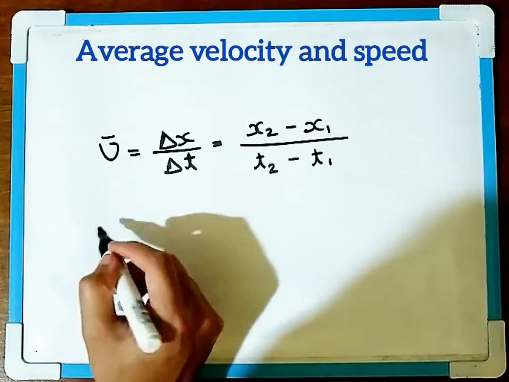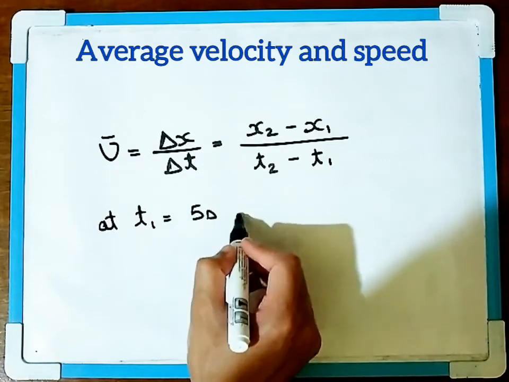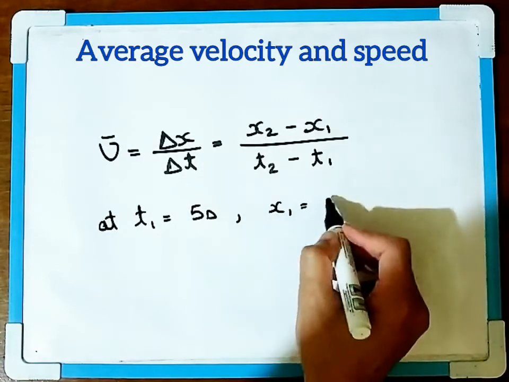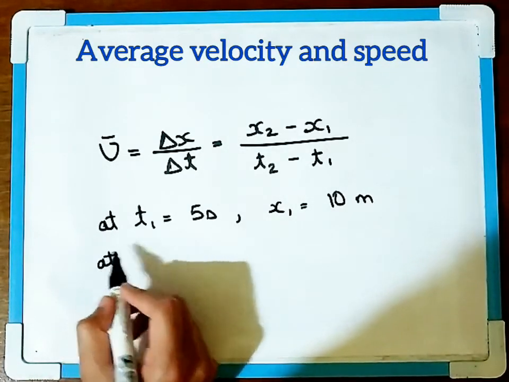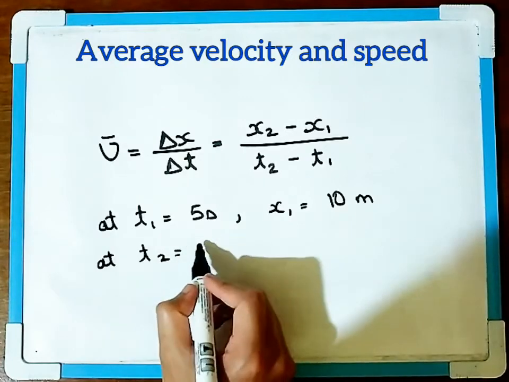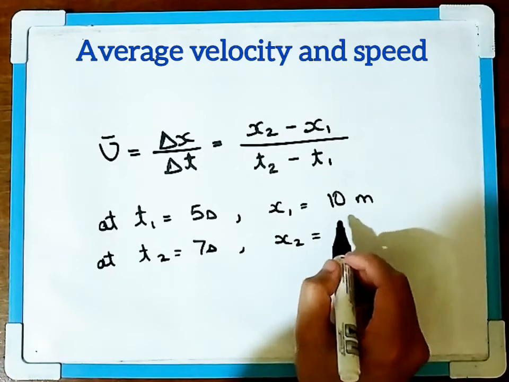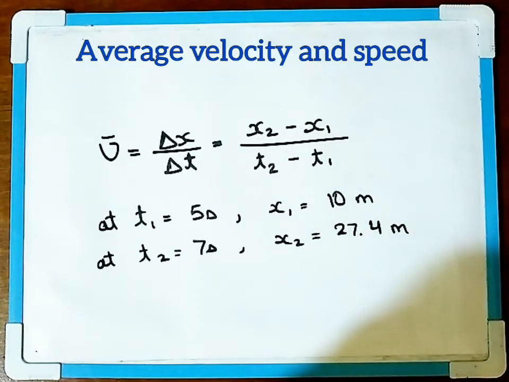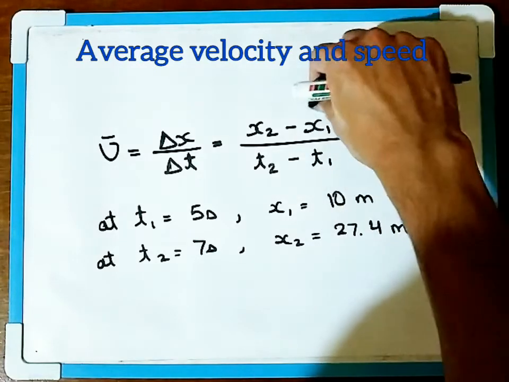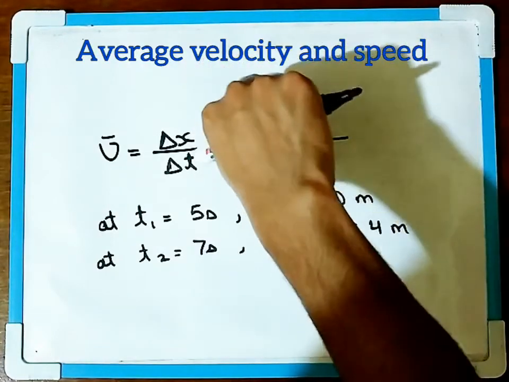Now from the graph, at t1 equal to 5 seconds, x1 is equal to 10 meter. The displacement is 10 meter. And at t2 equal to 7 seconds, the displacement x2 is equal to 27.4 meter. Hence the average velocity can be found out by putting the value of x2 and x1 in this formula, and t2 and t1 in this formula.